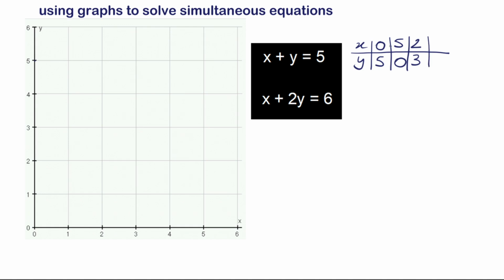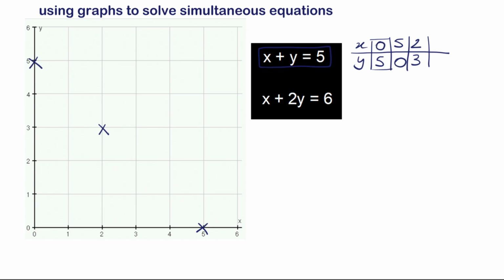Now, once we have some solutions, I can put them onto the graph. So the first solution was 0, 5. So on here, 0, 5. And then we had 5, 0, which is here. And we had 2, 3, which is here. Now, the point about it is that if you have one equation and we were to list all of the solutions to that, and we were to plot them on a graph, we'd obviously create a straight line.